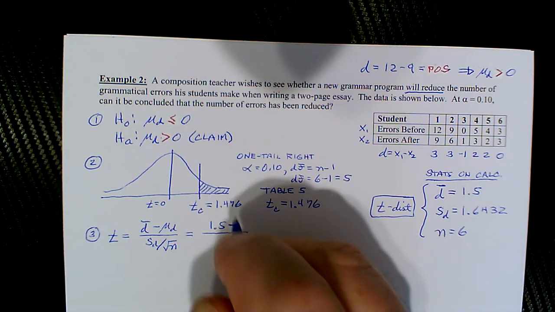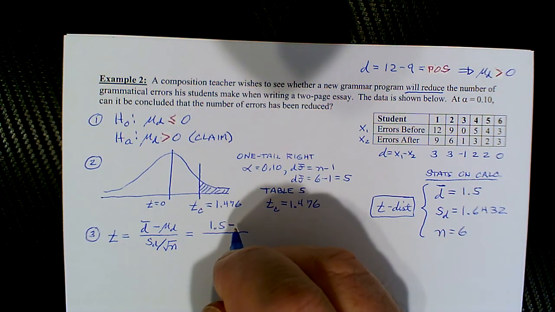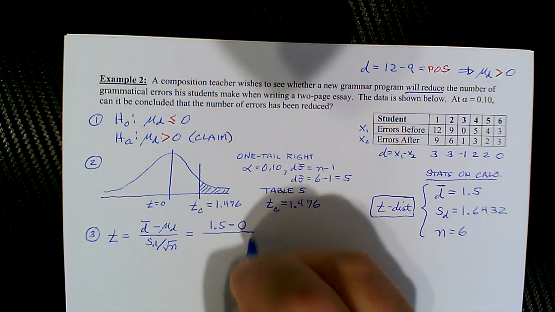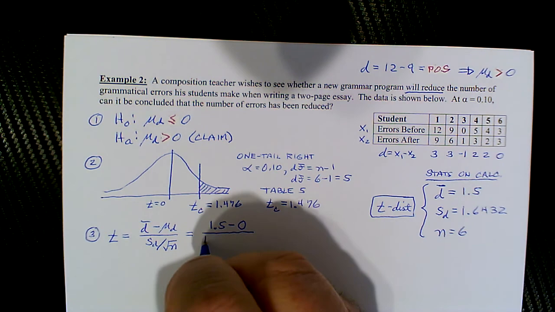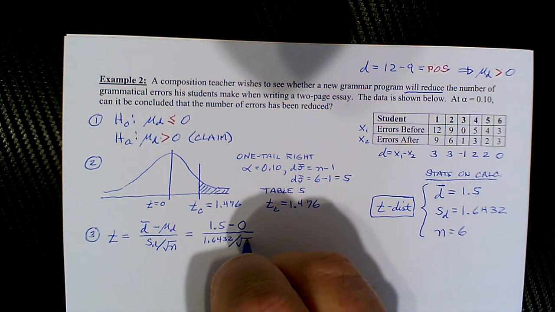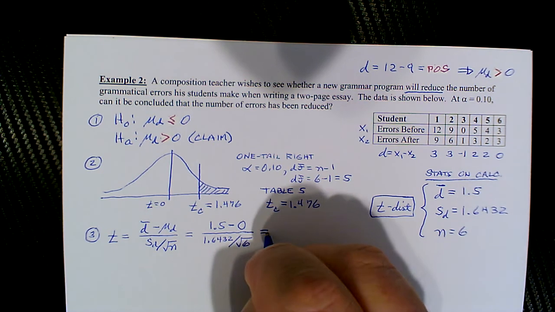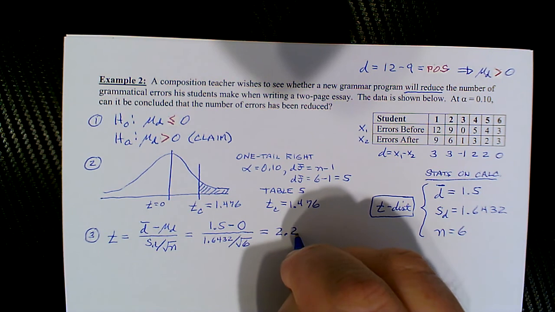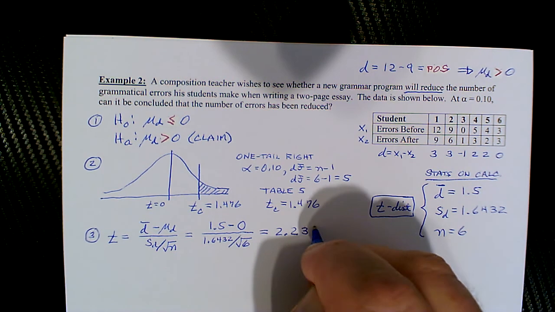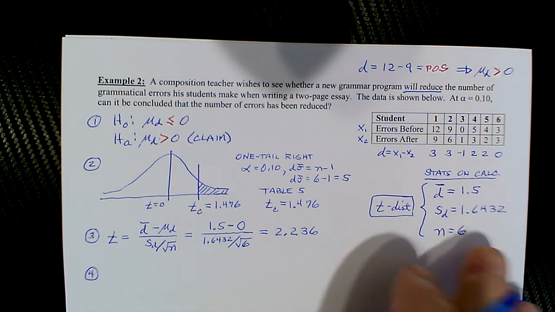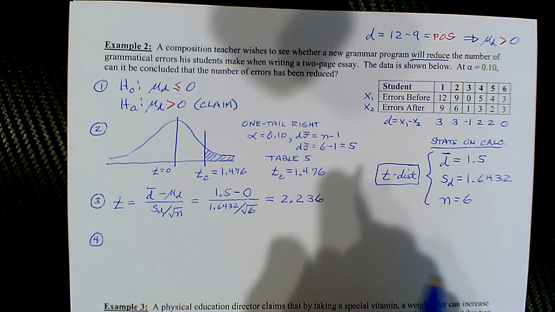Okay, it could be different if you wanted it to be, but our case is always 0. And then S sub d from our calculations was 1.6432 divided by the square root of n, which was 6. And so we've done computations like this before, so double check my work. We get a test statistic of 2.236, and now our decision.